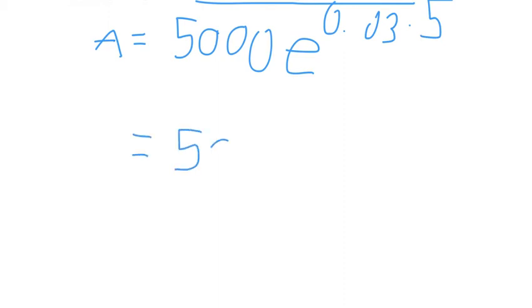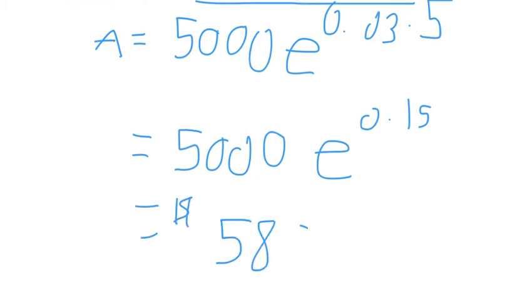So that'd be 5,000 times e raised to the power of 0.15, because 0.03 times 5 is 0.15. Now I would tell you the final amount would be $5,809.17.